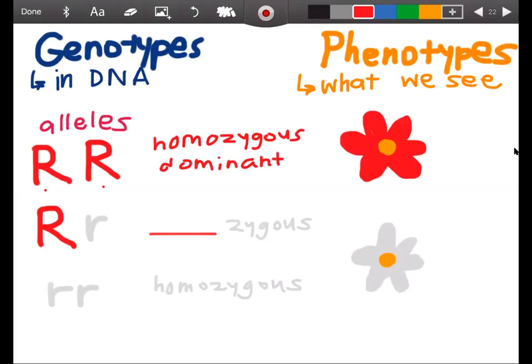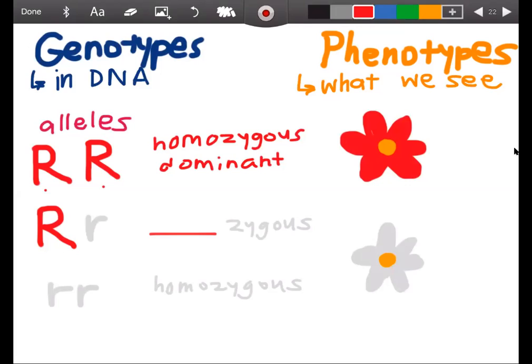In the next genotype that's listed, we see that there's a big R, which represents the dominant allele. We also see a little r that is in a gray color. I wanted to represent a white flower, but because it's a white background, I had to use gray. So let's imagine that the little r represents white. So this is an uncapitalized r because it represents a recessive allele.